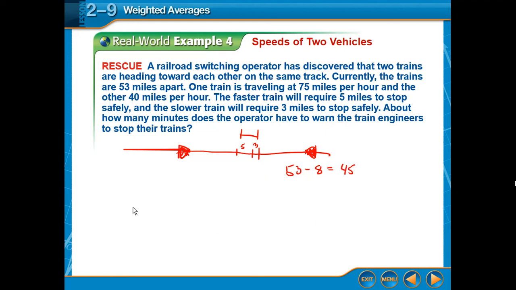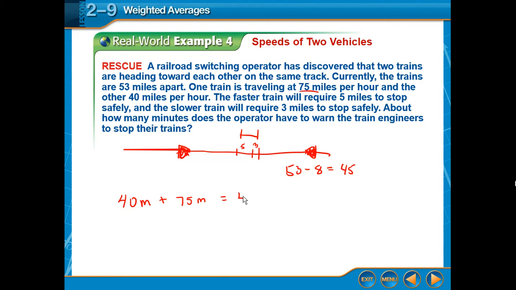Okay, so that means that if this guy is traveling 40 miles per hour, the number of minutes he goes is how many miles he's going to go. So the number of minutes times 40, and the number of minutes for the other guy who's going 75 miles per hour.